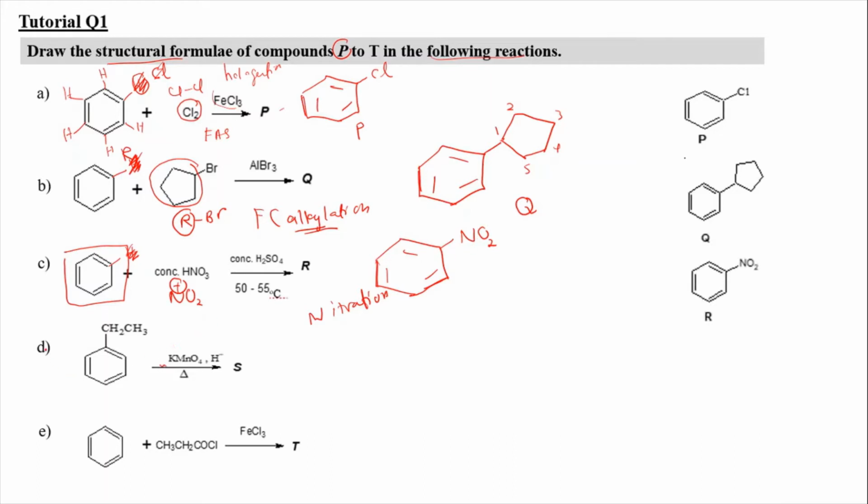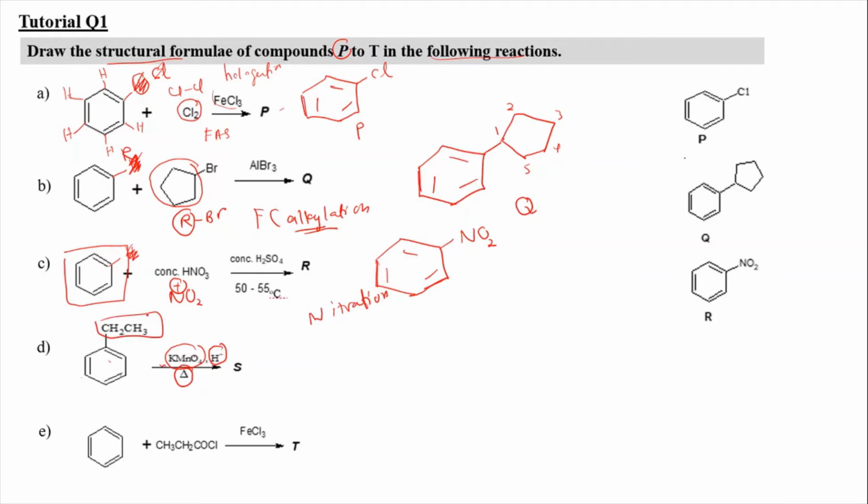Now for question 1D, there is going to be an ethylbenzene, okay, an ethyl group attached with the benzene, and it's going to go through oxidation with KMnO4 in acidic condition at high temperature. So oxidation will not happen inside the ring. It will happen at this side chain here.